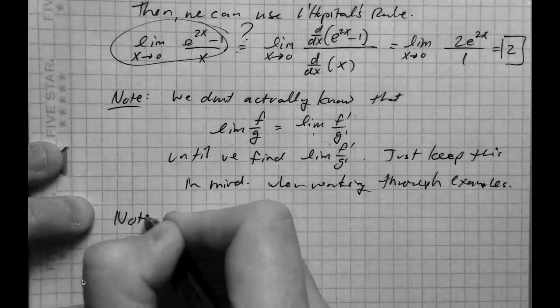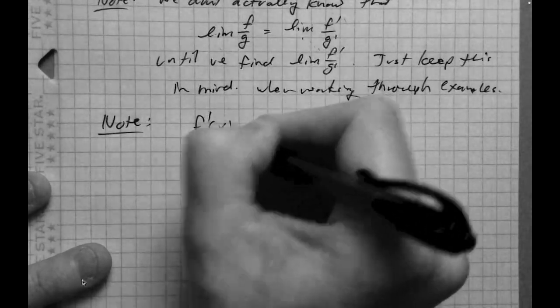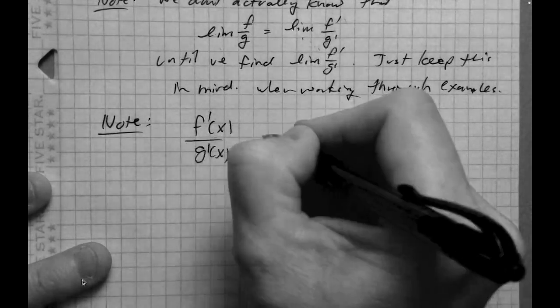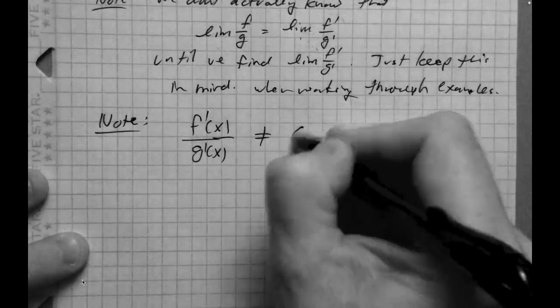Note also, secondarily, that when we say f prime of x over g prime of x, this is not the quotient rule.